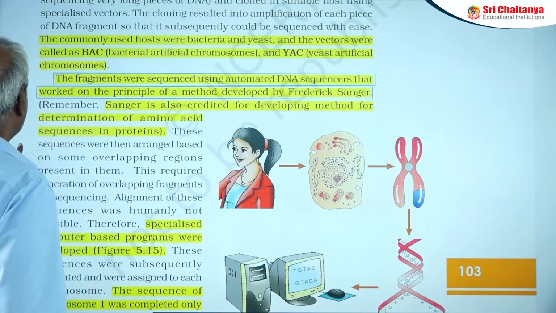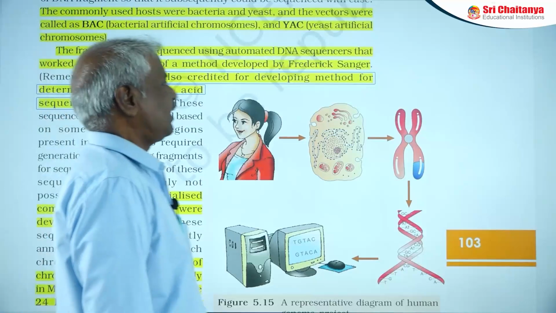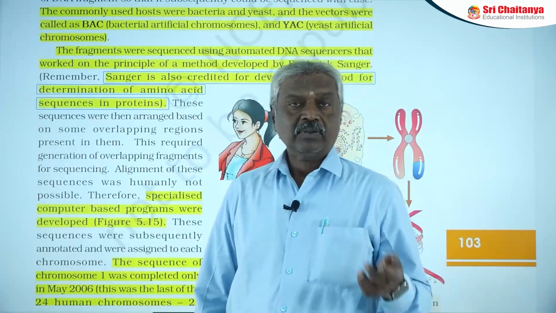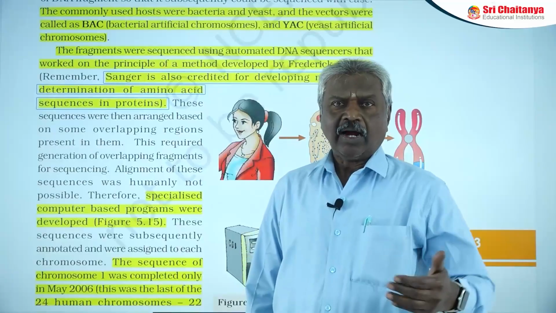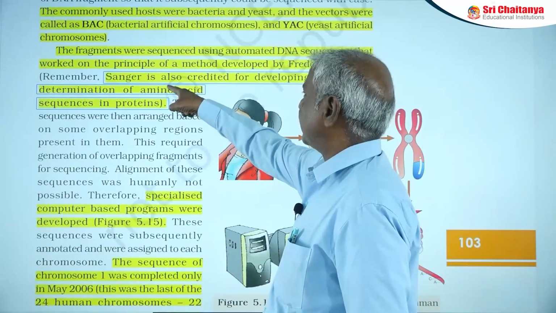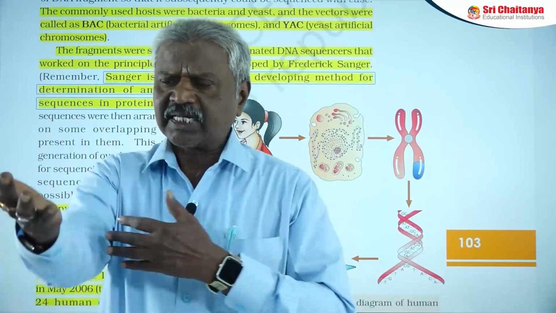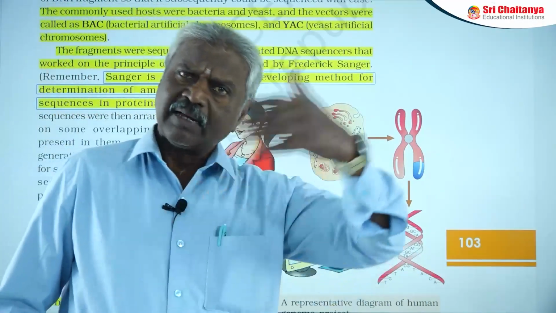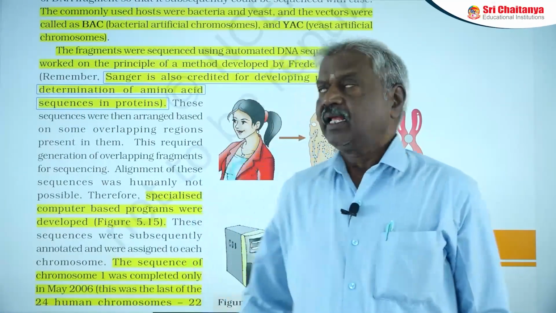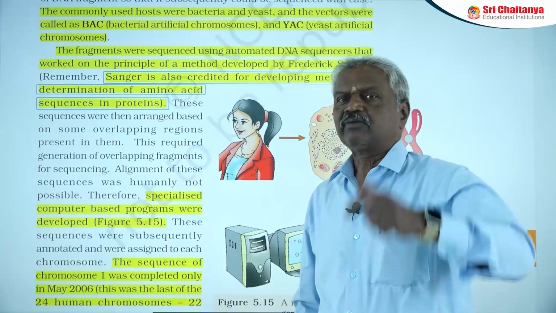Then the fragments were sequenced using automated DNA sequencers. The gentleman who invented the automated DNA sequencing method was Friedrich Sanger. Here you take a long fragment of DNA and apply it to the automated DNA sequencing method. You will get the sequence within a short time in a perfect, accurate manner.